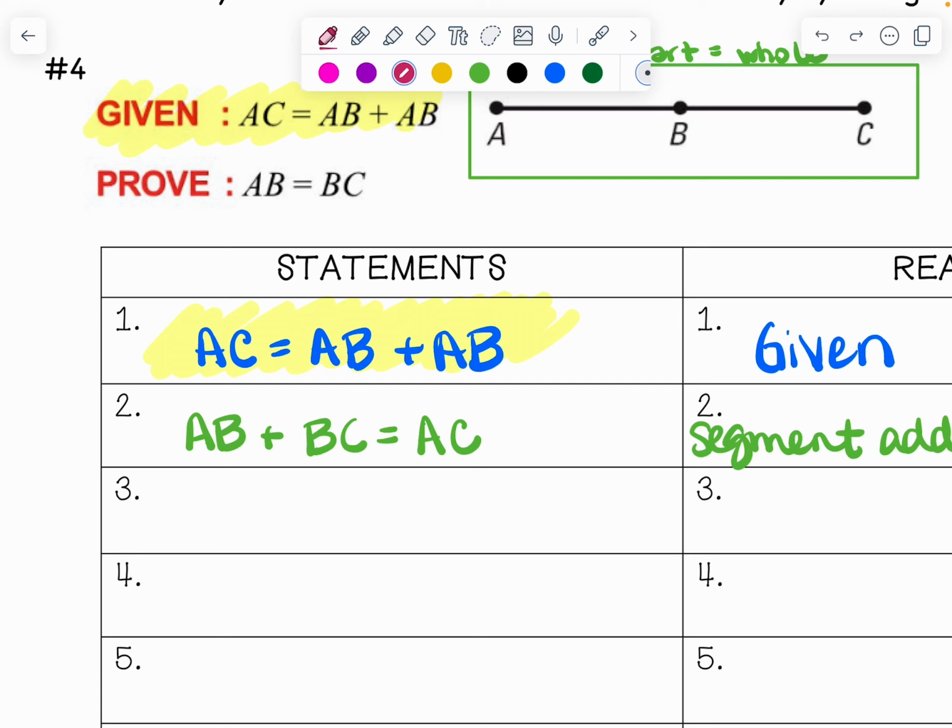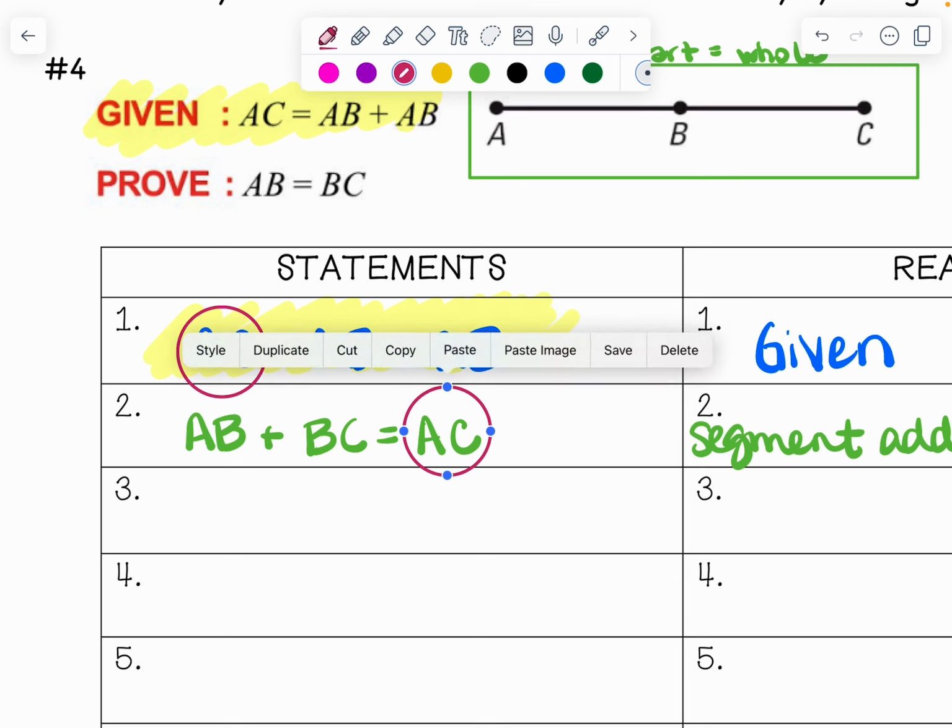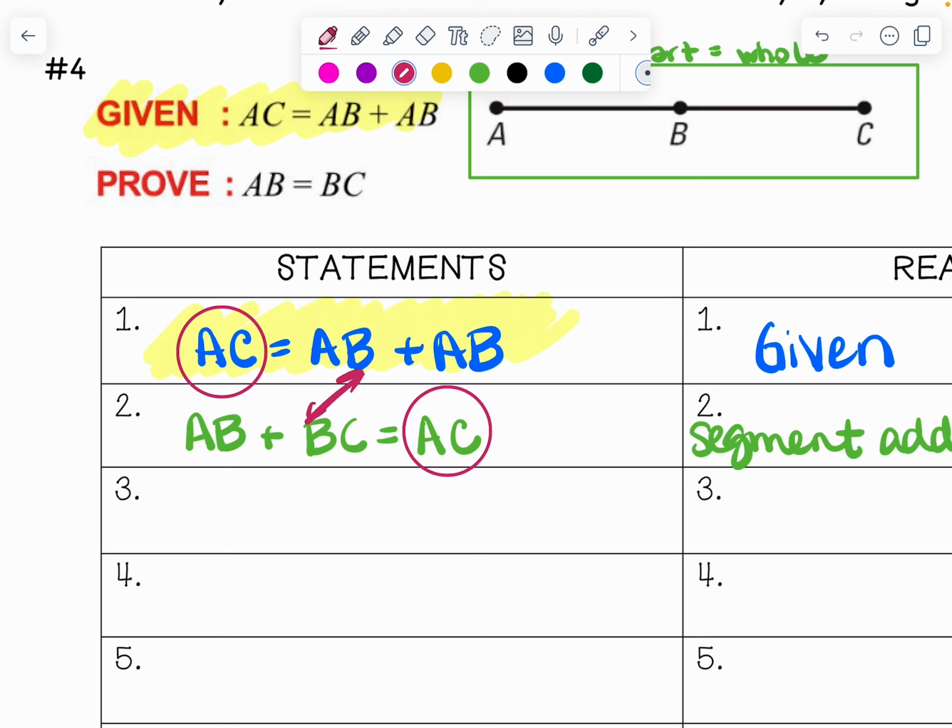Something I really hope you notice is that these are 2 algebra equations, and both of them are equal to AC. And that's a really big deal. If I have 2 things that both equal AC, then doesn't that mean these 2 things have to be equal to each other?